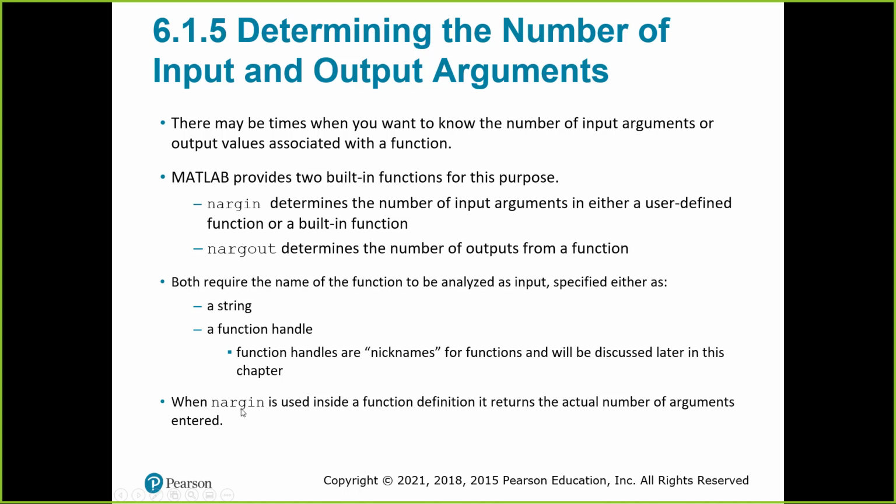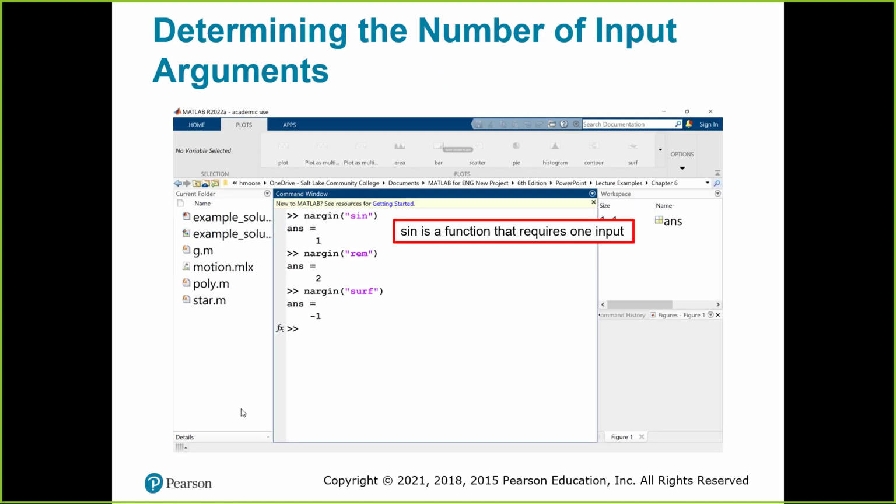So nargin is used when the function definition requires an input, and why you'd want to do this in your homework is beyond me, but it has become very useful for the MATLAB grader to make sure that things are being programmed correctly.